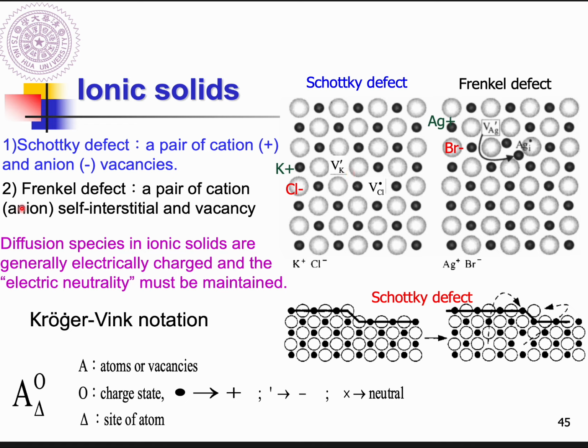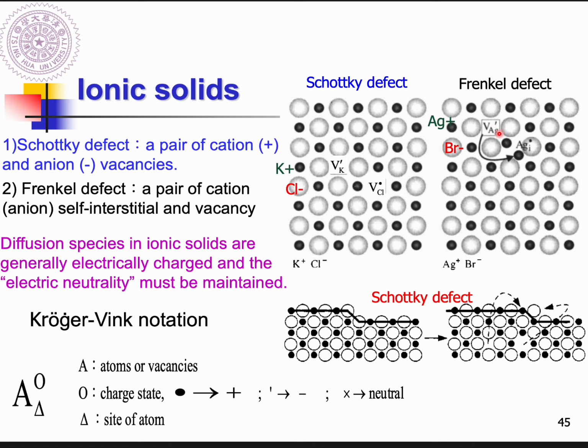And the second mechanism we call the Frenkel defect, which means a pair of cation or anion self-interstitial defect and corresponding vacancy are created together. We use silver bromide as an example. Silver is the small black ball and the bromide is the big white ball. Here we can observe the silver cation left its original location and moved to an interstitial site.